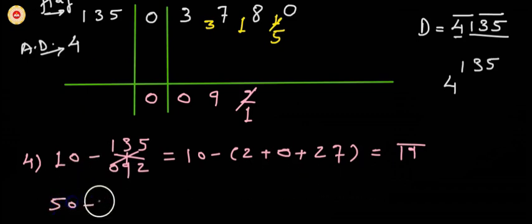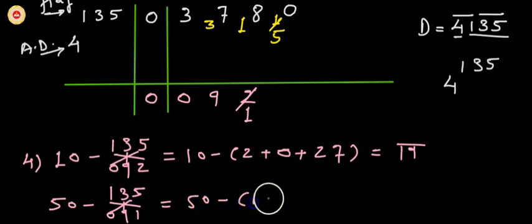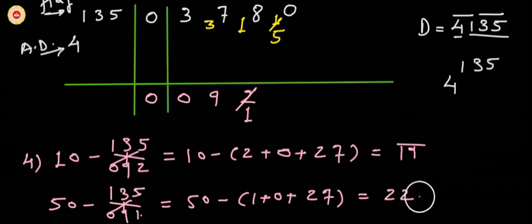So 50 minus 1, 3, 5, 0, 9, 1, let us calculate the cross product. 1 ones are 1, plus 0, 5, 0, plus 9 3s are 27, which is equal to 1 plus 27, 28. 50 minus 28, 22. 22 is the net dividend.